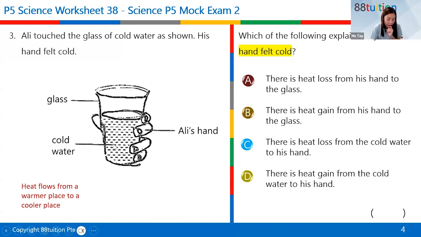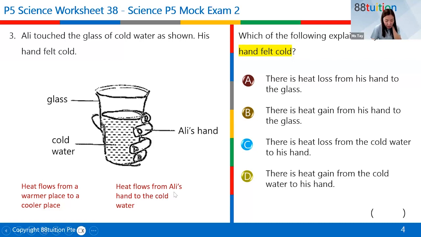This cold water, we would think that maybe it's around 6, 7, 8 degrees, depending on how cold your fridge is, or how much ice you have put in before it all melted. So heat will flow from Ali's hand to the cold water. The concept we are looking at is heat flows from a warmer place to a cooler place.